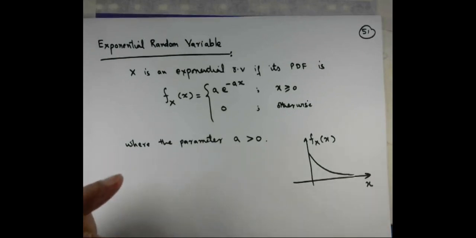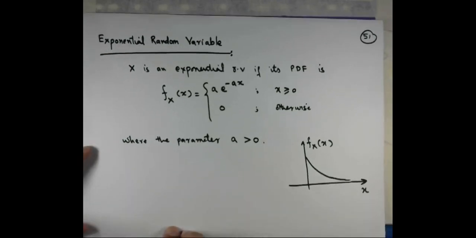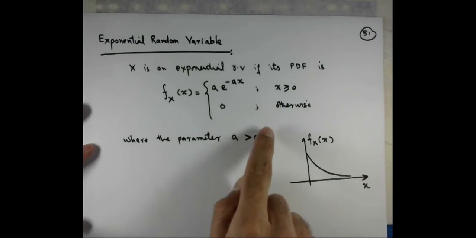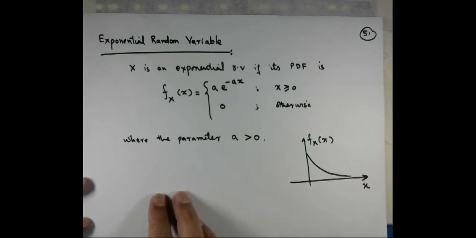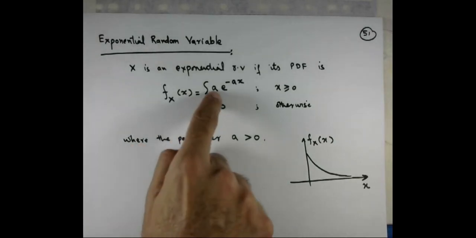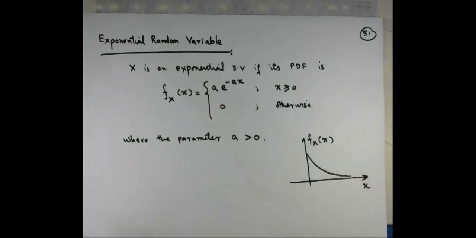It is negative exponential, decreasing, but the total probability converges to 1, and this graph will touch the horizontal axis only at x equal to infinity. You see how quickly the exponential distribution falls. It depends on the value of a.